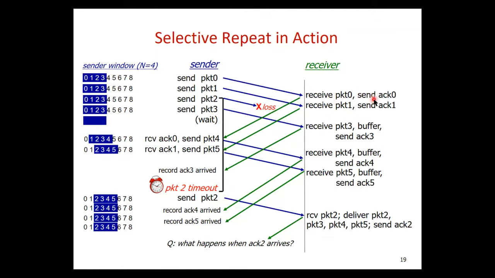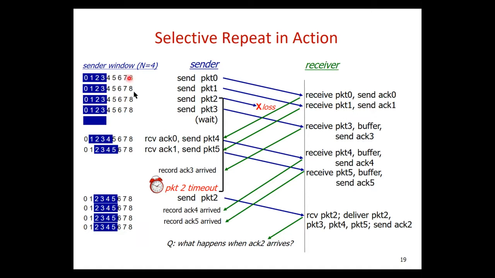Now the ACKs are individual ACKs, so we get ACK 0, ACK of 1, ACK of 3. And packet 2, when it was transmitted, had the timer started. So when the timer expires, it will resend only packet 2.